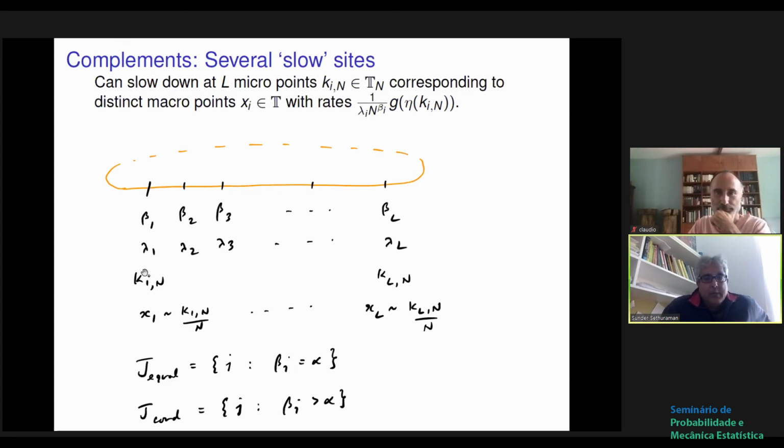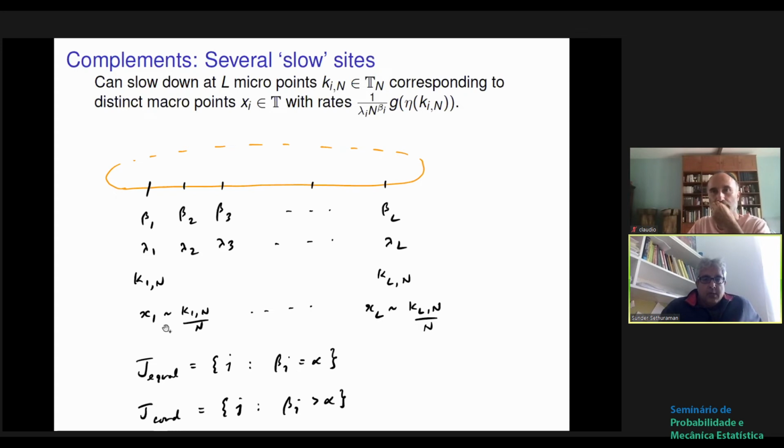And so let's say that we're going to slow down the usual rate by this kind of factor. Each site will be slowed down by n to the minus beta_i, but then let me just add on 1 over lambda_i. We could have done that in the one slow site, but we would have just been able to scale out the lambda. So we didn't put it there when we discussed it, but we can put in the lambdas here if we wanted.